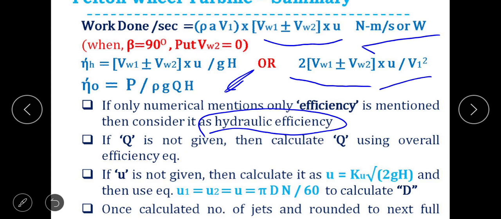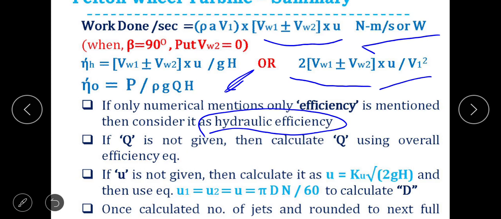If Q is not given, then calculate Q using the overall efficiency equation. If U is not given, then calculate it as U is equal to Ku multiplied by the square root of 2gH, and then use the equation U1 is equal to U2 is equal to U is equal to pi D N by 60 to calculate D, the diameter of the bucket.